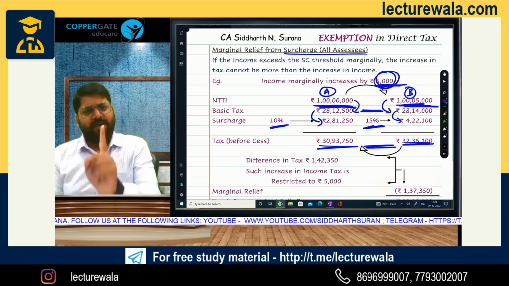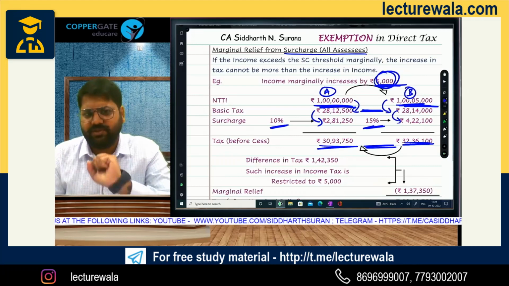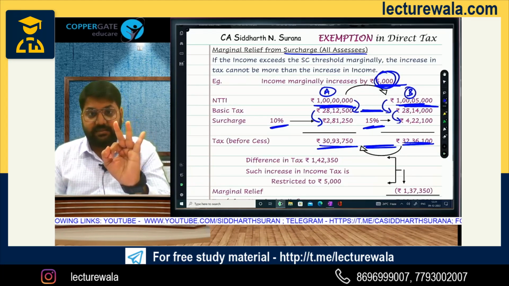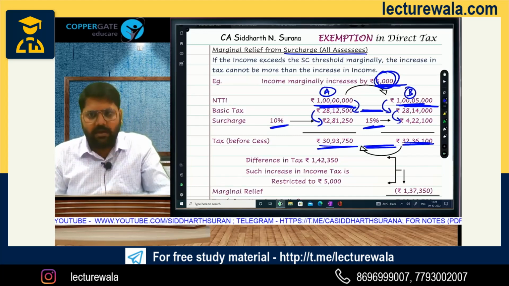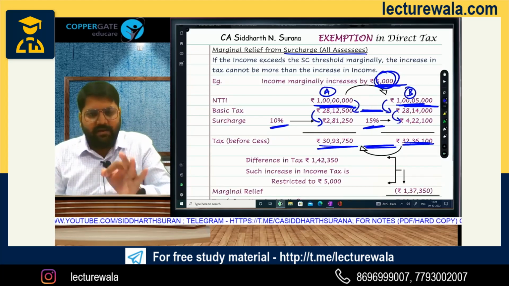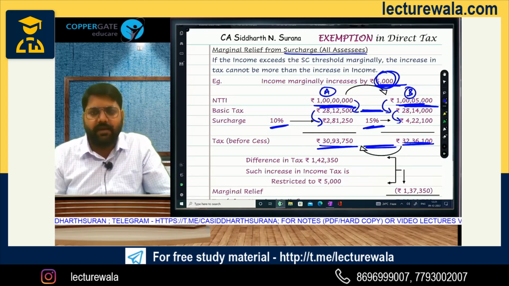The one-line concept is marginal relief. Only there has to be someone who has enough talent to teach you this. The difference in tax cannot be more than the difference in income.